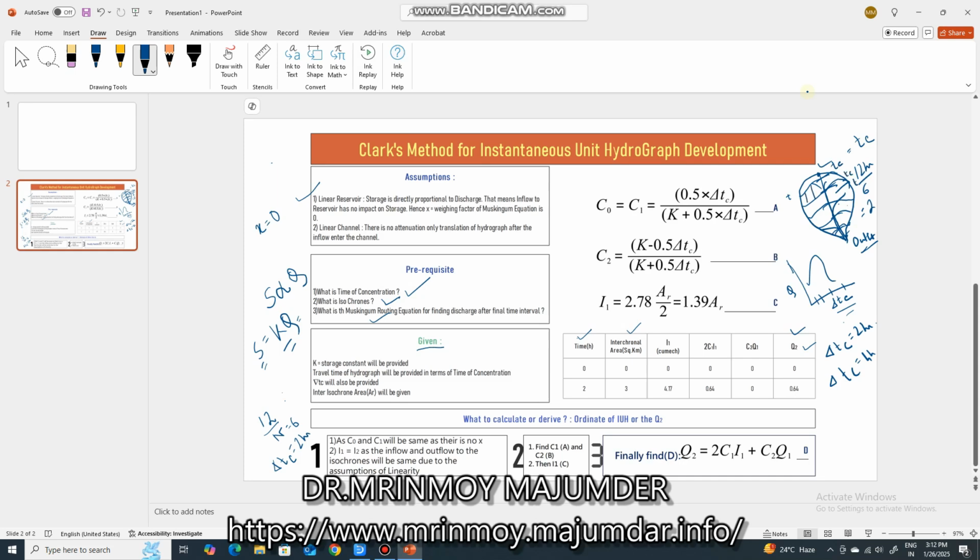But the area between 2 lines of Tc is not the same as the other areas between 2 different Tc. That means if this is del Tc1 and this line is del Tc2, this is the inter-isochronal line area, and this area is represented here as AR.